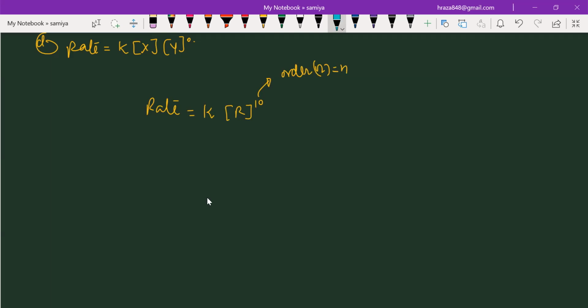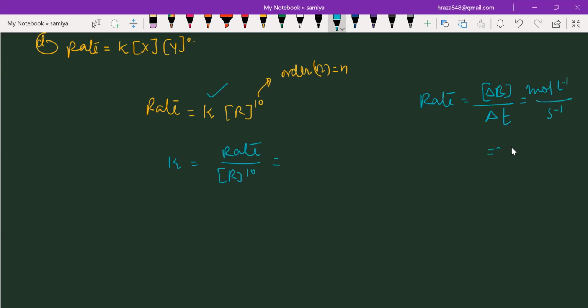Yes, sir. Now, in order to calculate the unit of rate constant, can I write K will be equal to rate upon R raised to the power 10? Yes or no? Yes, sir. Do you know what is the unit of rate? It is basically change in concentration upon time. So change in concentration, that means mole per liter and time as per second.